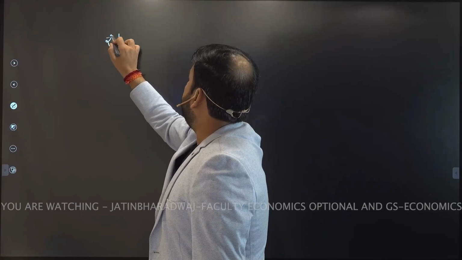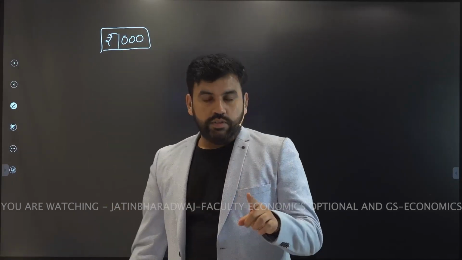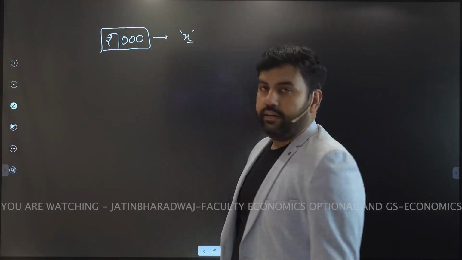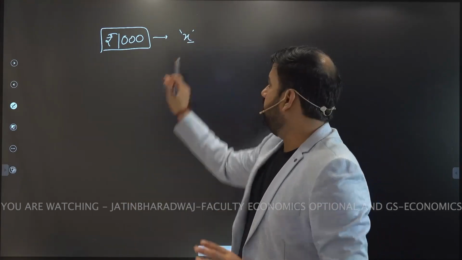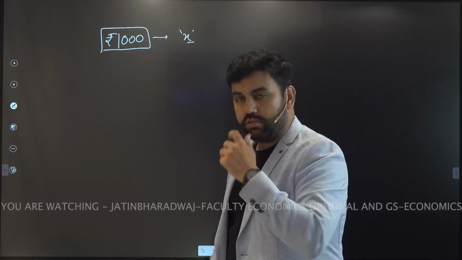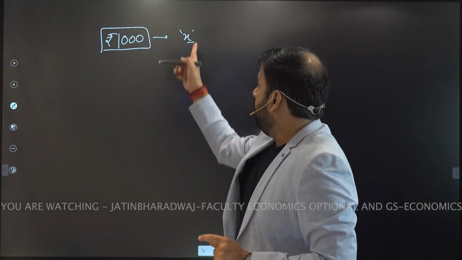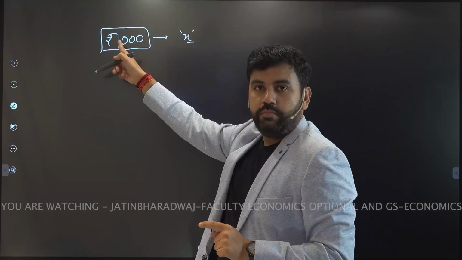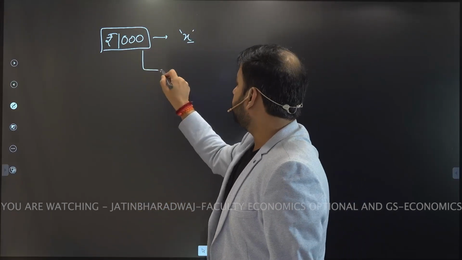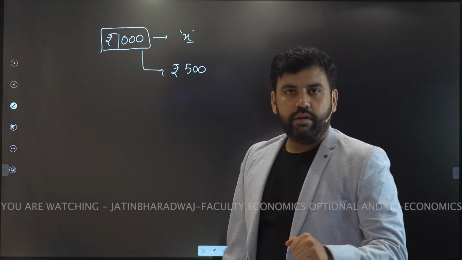Let's say I'm assuming that the total amount of money in the Indian economy is 1000, right? It is held by X number of people in India. Basically, these many people have this much money, currency, bank account, saving deposit, current account deposit, or time deposit, and multiple things are there. Now the people who have this 1000 rupees are going to spend it, right? So let's say out of this 1000 rupees, 500 was spent by people on their routine things.